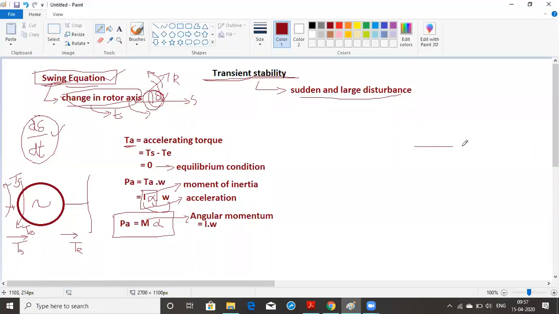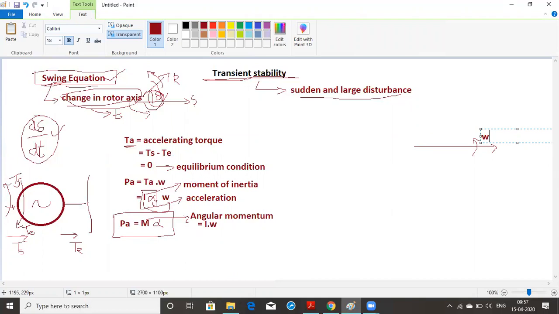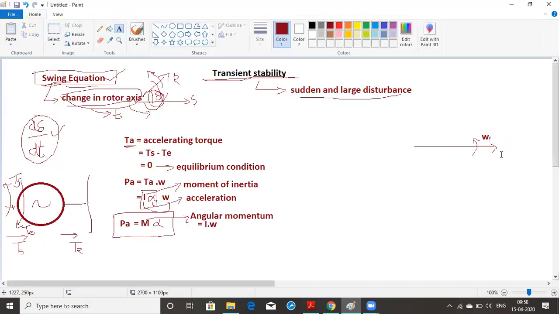In practice, we are going to call this axis a synchronously rotating axis, which is represented with omega r. Omega r is the rotating speed. Either you can indicate it with NR or with omega r. Both will be the same.